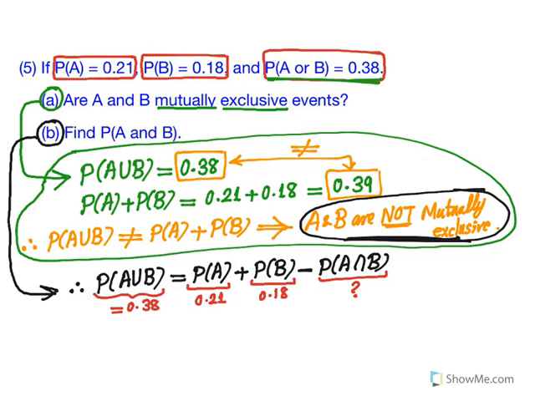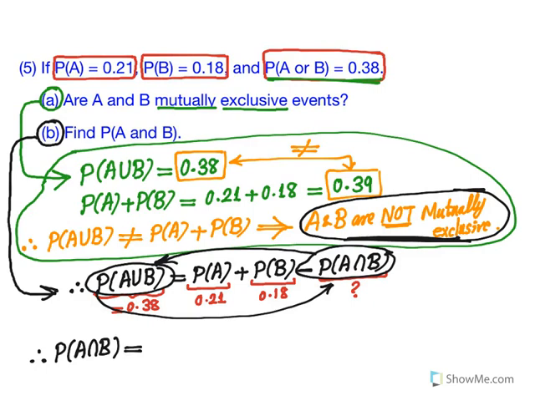It's not given, but this is very simple. Just use simple algebra. Probability of A and B has a negative sign, so take it to the other side and the negative will go away, and take the probability of A or B to the other side and it will become negative.